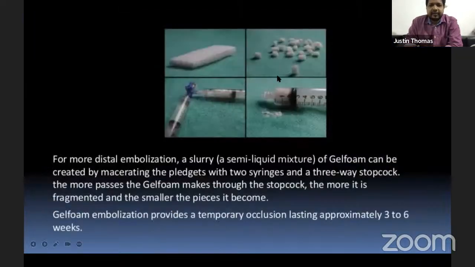If distal embolization is needed, then small particles, a slurry, can be formed by agitating the gel foam particles between 2 syringes, which can be used for distal embolization. Gel foam embolization provides temporary occlusion for about 3 to 6 weeks.